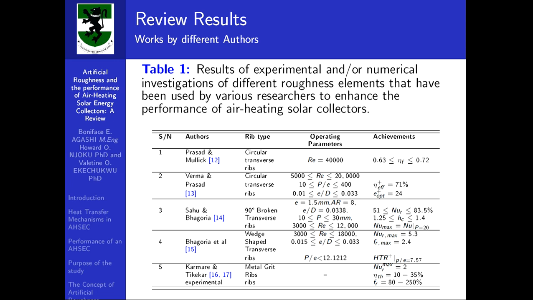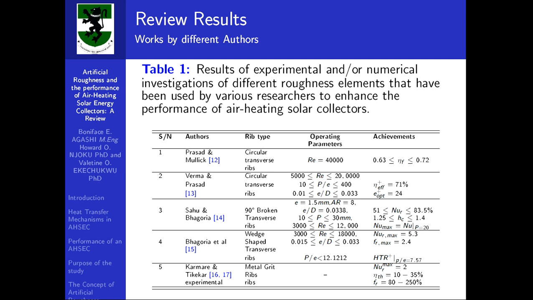Sahu and Bhagoria found that 90-degree broken transverse rib as a roughening element can make the Nusselt number ratio of a roughened duct to be between 51 and 83.5% when the Reynolds number is between 3,000 and 12,000.